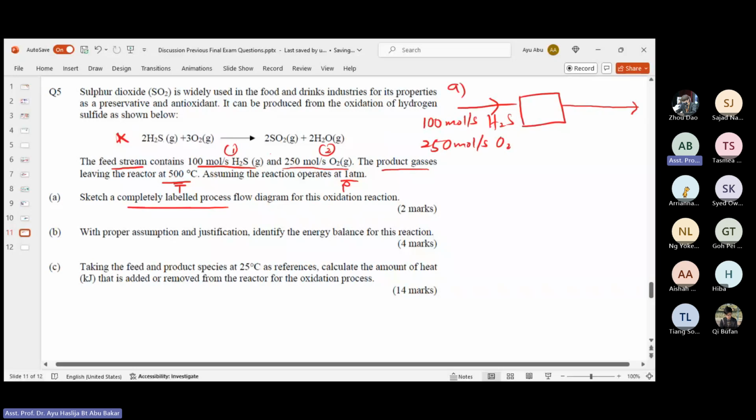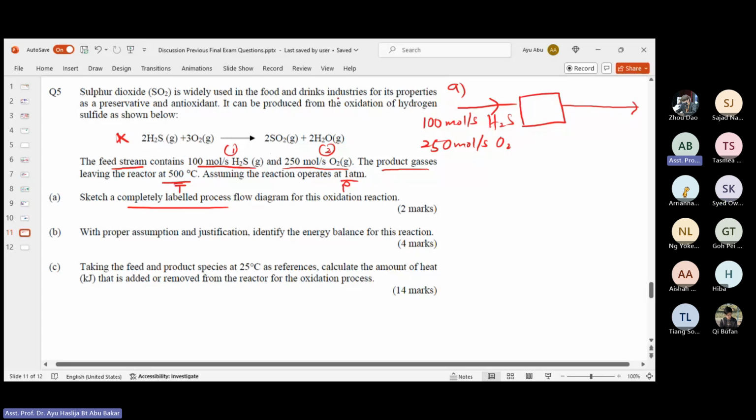So what are these product gases? SO2, O2 and H2O.